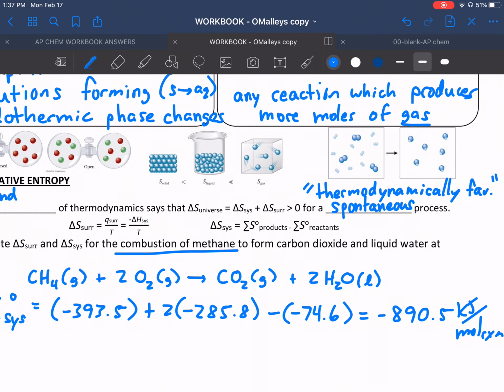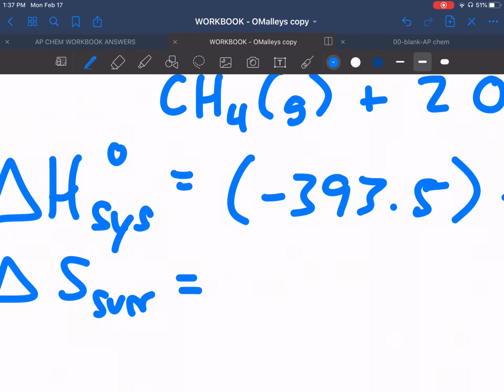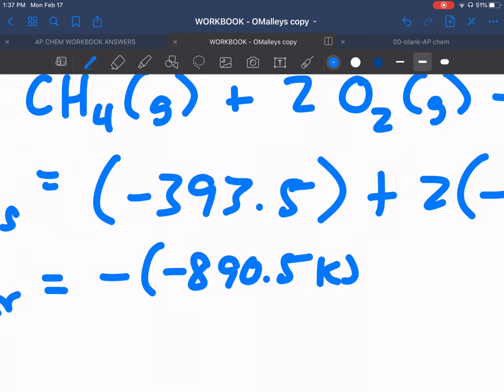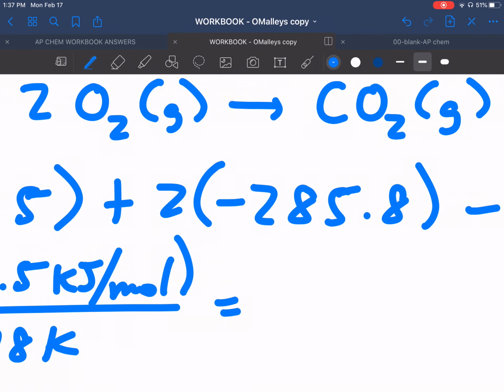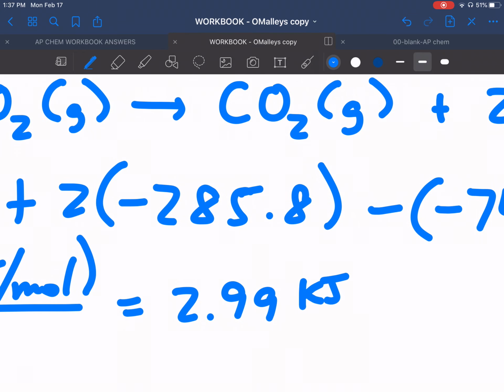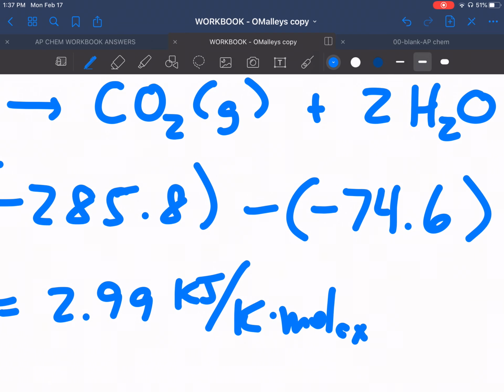So plugging into this new equation from today, the change in entropy of the surroundings is the negative of that, negative 890.5 kilojoules per mole, divided by, let's look at it at 25C, which is 298 Kelvin, and you get a positive value of just under 3 kilojoules per Kelvin, and that's for one of those reactions.